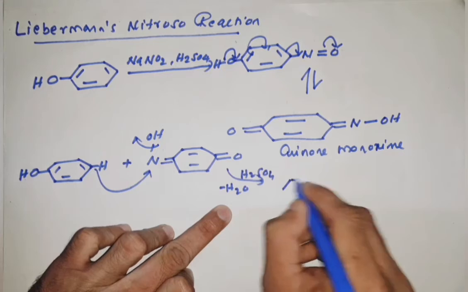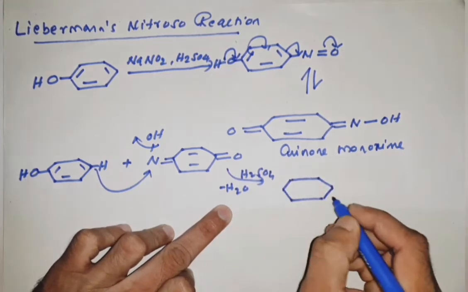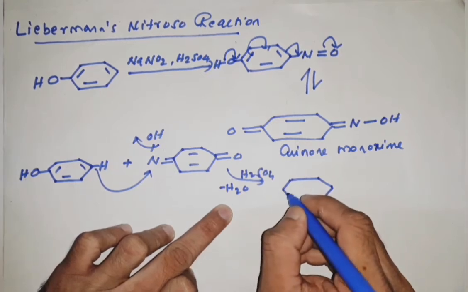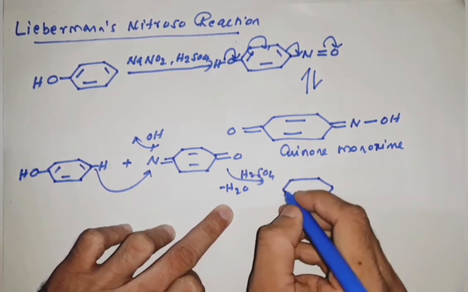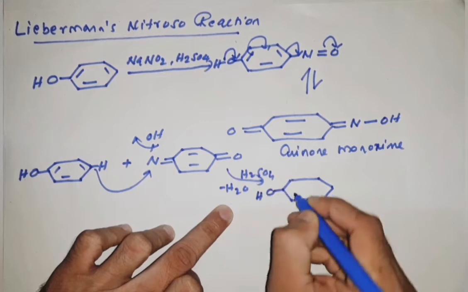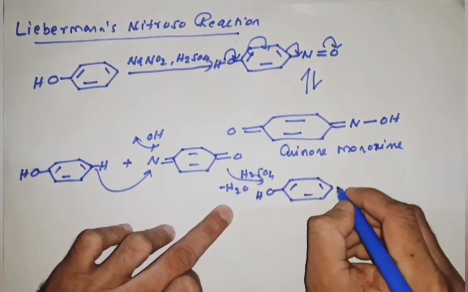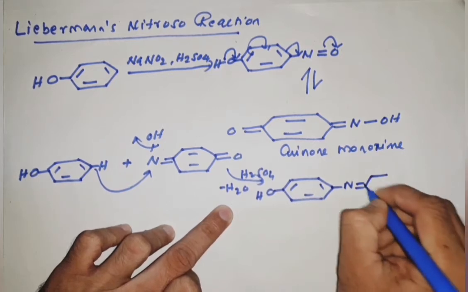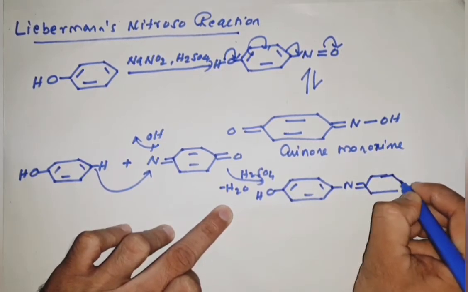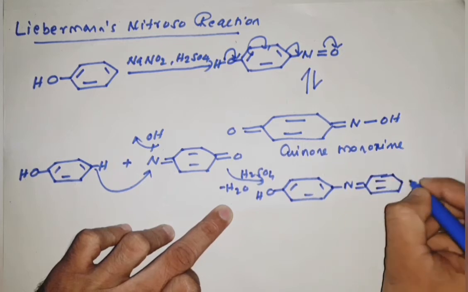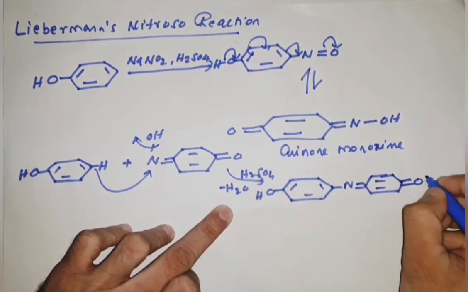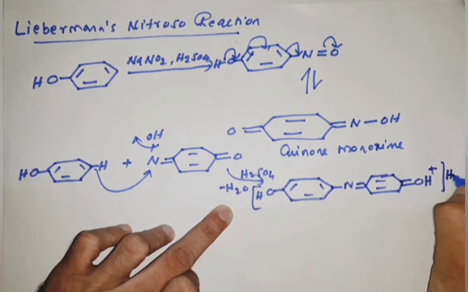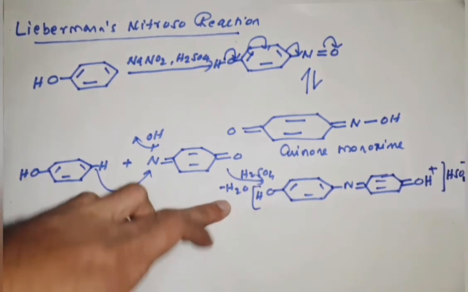We get OH and double bond, H plus, HSO4 minus.